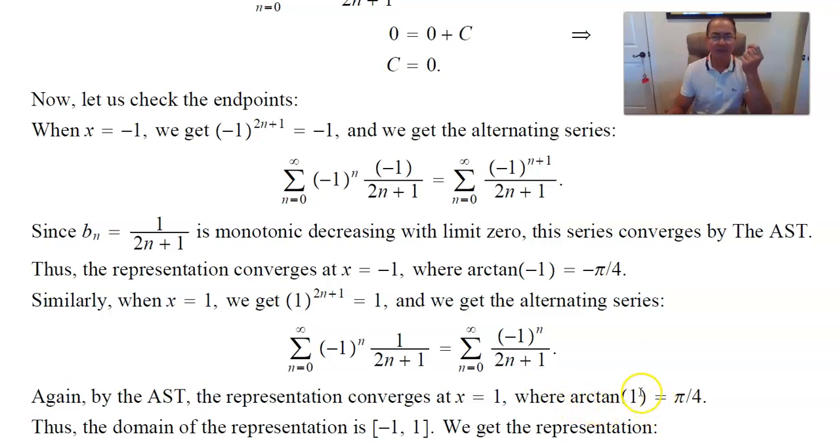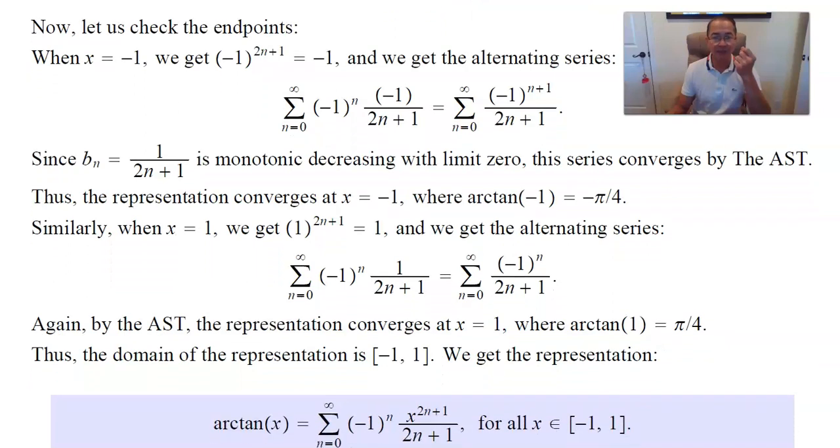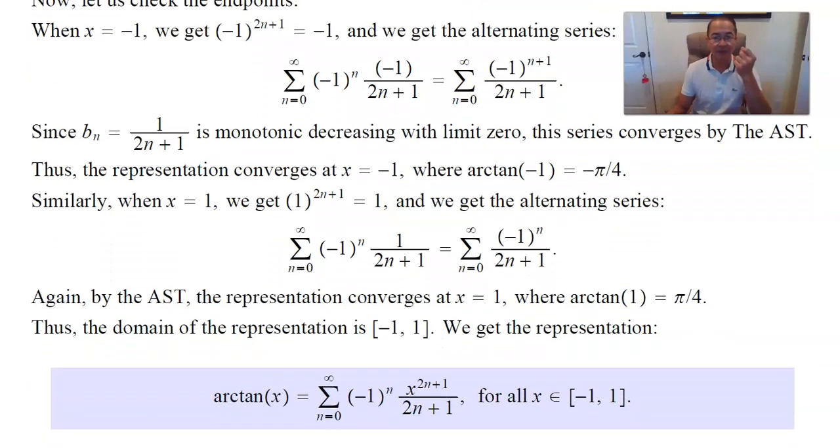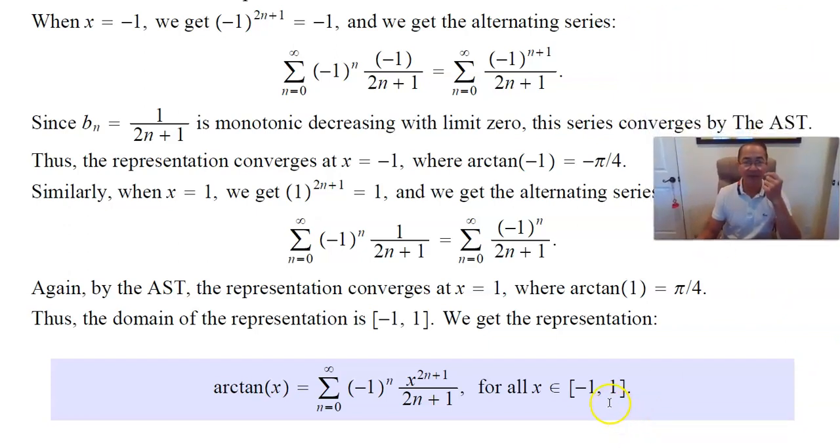Oh, wait a minute. It's really the same equation, because we have an extra minus here and an extra minus here. So we get really the same equation involving pi over 4. All right, so we can now include both left and right endpoints, minus 1 and plus 1, in the domain of this representation.